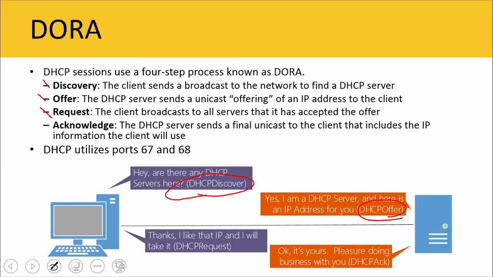So there's ACK, which is short for acknowledgement. Quick little point too, and I know we discussed this in a previous slide: DHCP, just like all protocols, is going to use ports, specifically ports 67 and 68, okay?